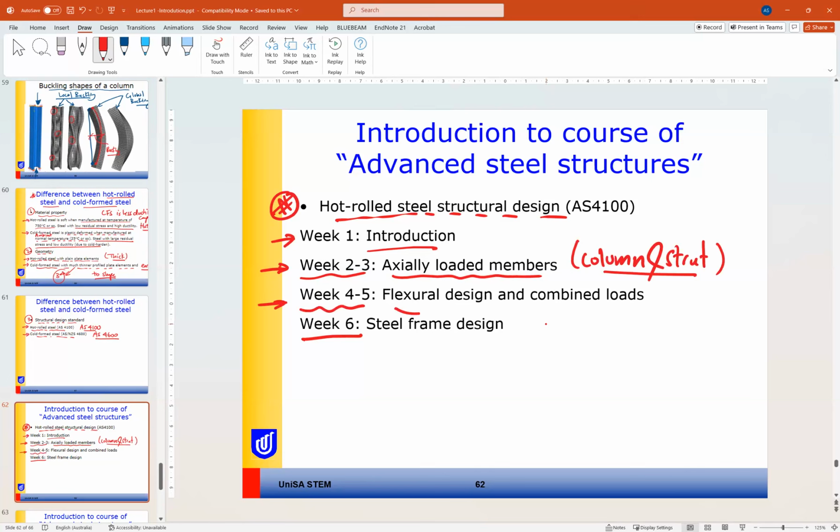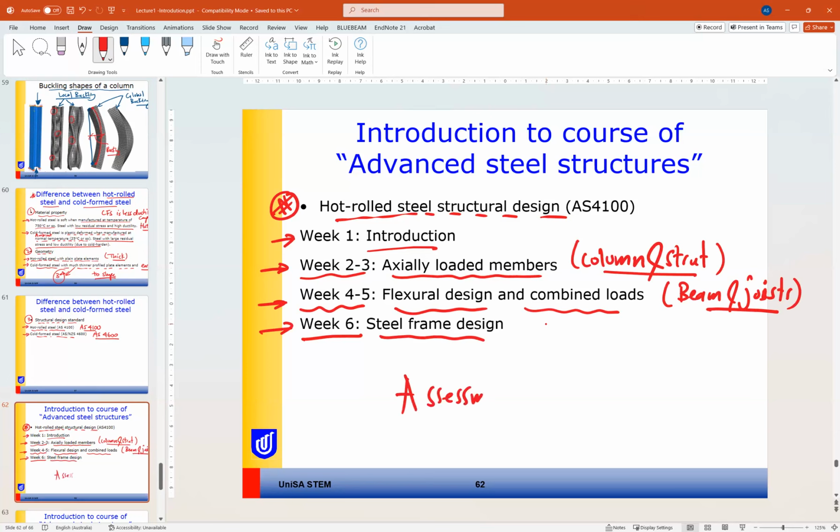Week 4 and 5, flexure design and combined loads for beams and joists and so on. Week 6 is the steel frame design. And this will be covered by assessment 1, which is 20% of the course.